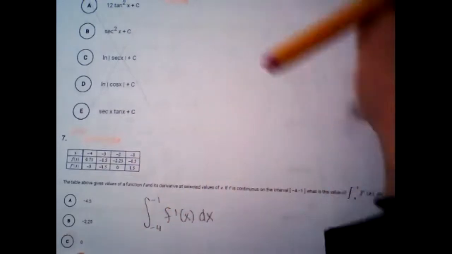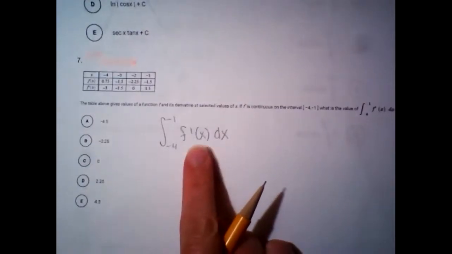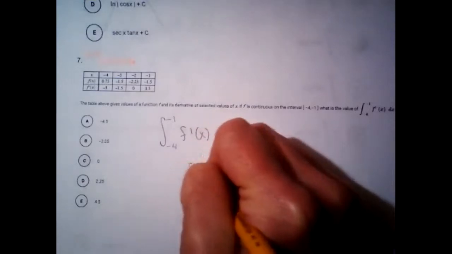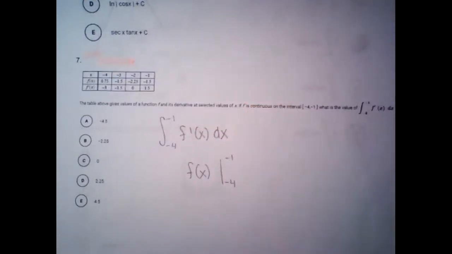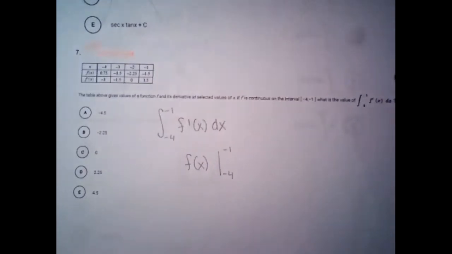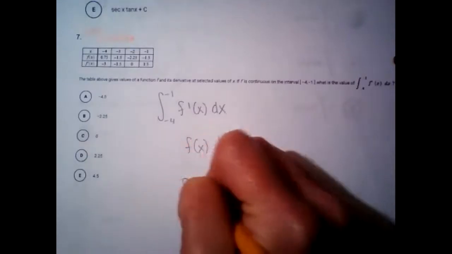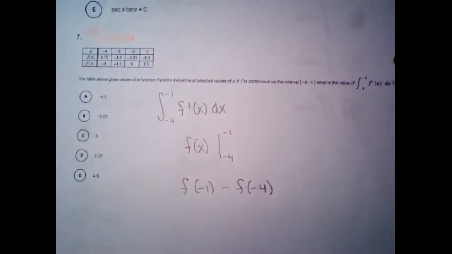So we want to do the integral of f prime. So the antiderivative of f prime would just be f of x, and we want to evaluate it from -4 to -1. So upper boundary minus lower boundary, this is going to be f of -1 minus f of -4.